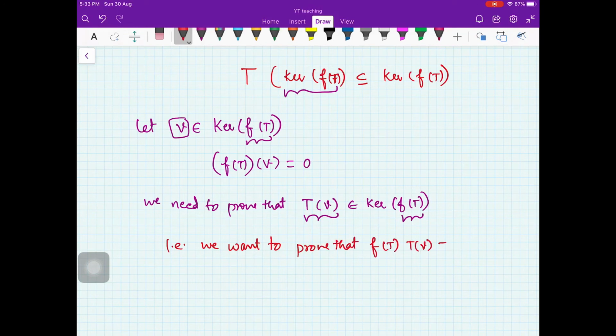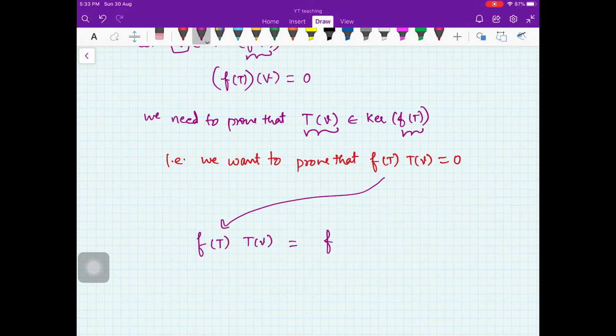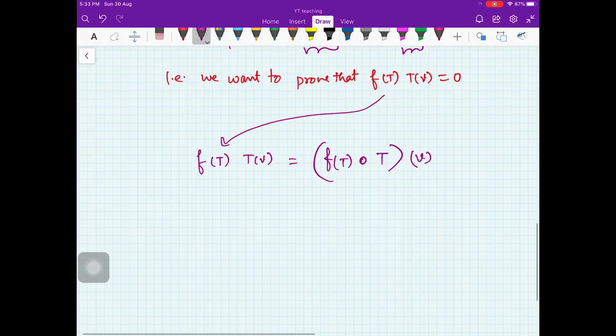So let us see what f(T) operated on T(v) is. It is actually f(T) composed with T operating on v.